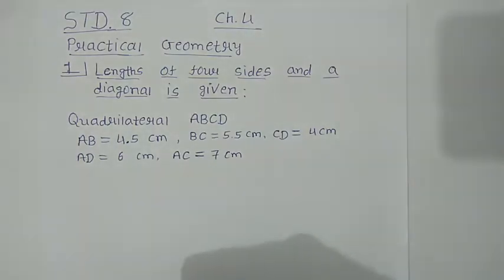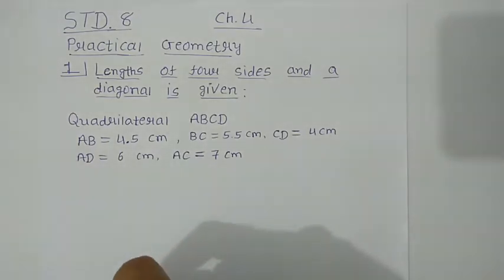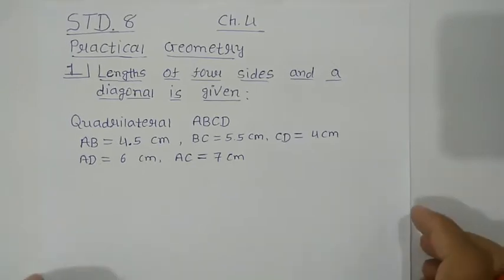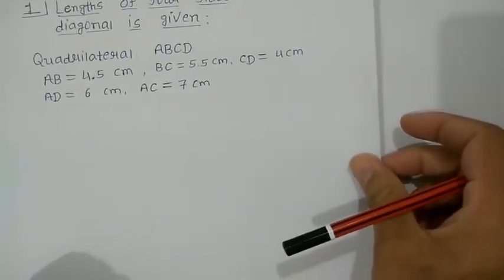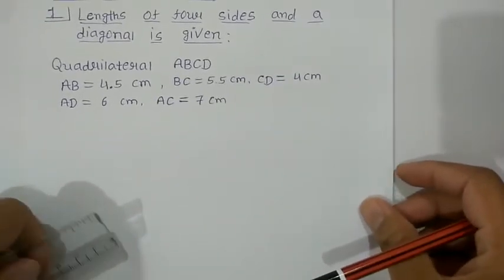So before we start to draw the actual quadrilateral, first of all we have to draw a rough diagram of the given quadrilateral. The rough diagram we can draw easily by taking any measurement. Here we do not have to take the actual measurements. Why are we drawing the rough diagram?